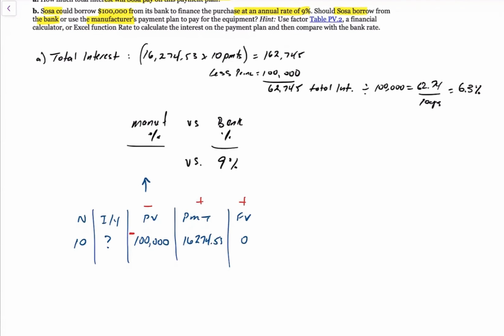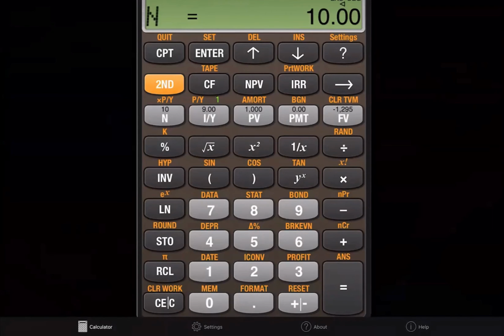So if you go 10 N, I'm leaving IY because I'm going to calculate it, 100,000, hit the plus minus button and put that in as PV. The payment is 16,274.53. Leave that as a positive number and put that in as a payment, and 0 FV. And now I can compute IY.